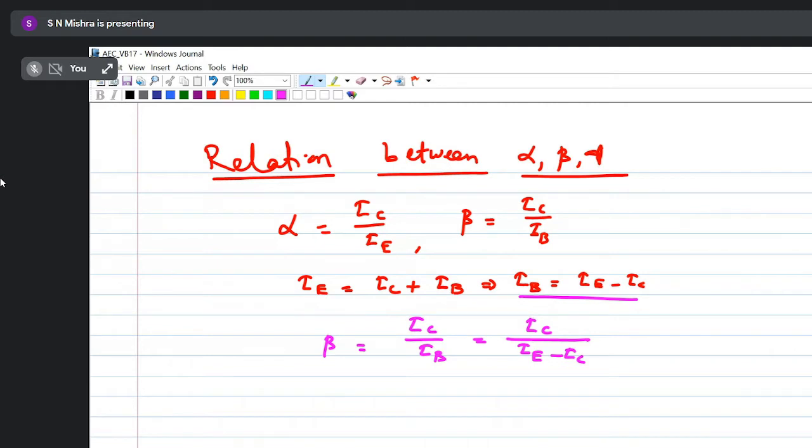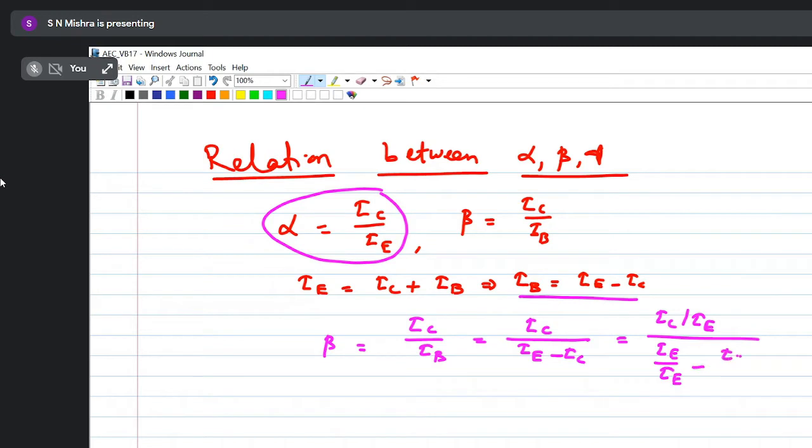Once you replace this, I want to convert beta in terms of alpha, so I want to find the IC by IE term. If I divide numerator and denominator by IE, I get IC by IE divided by IE by IE minus IC by IE.